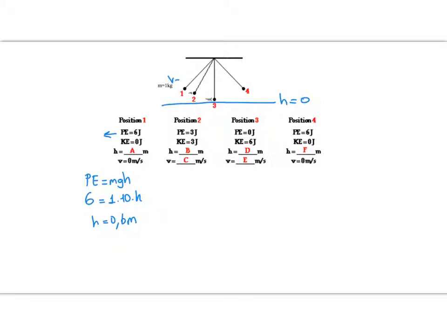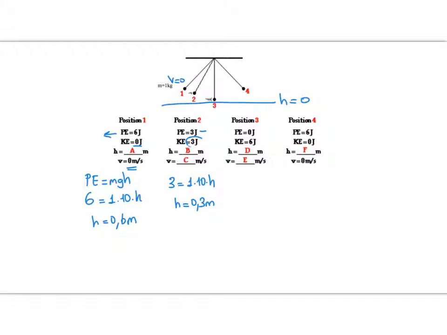Here it is released, so you see that it has no velocity, so no kinetic energy. At position 2, the potential energy is 3, so 3 is equal to m times g times h, so the height is equal to 0.3 meter.